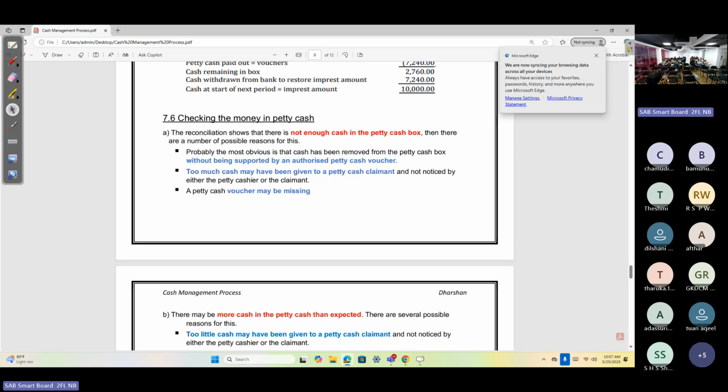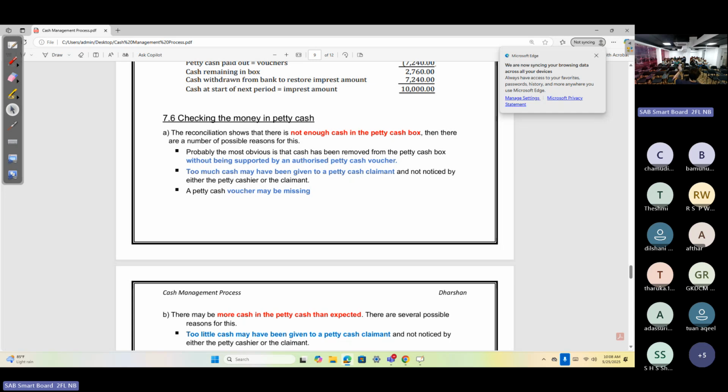Now we are going to discuss why the petty cash physical balance and the petty cash book balance are different. Same as bank reconciliation, where there are differences between the cash book balance and the bank statement balance, here also we have to compare the physical balance with the book balance. Sometimes the petty cash book balance and the physical amount won't match. There are two situations. One, the petty cash book balance is higher than the physical balance.